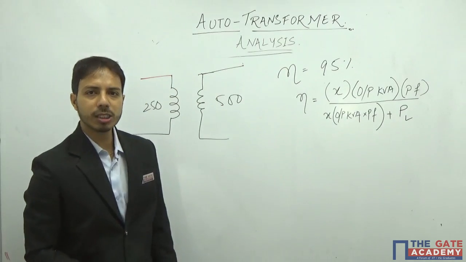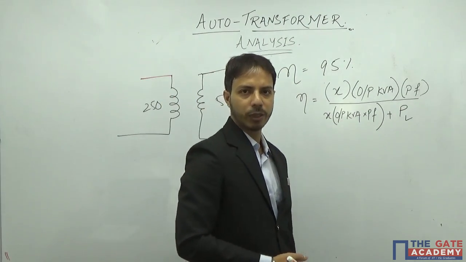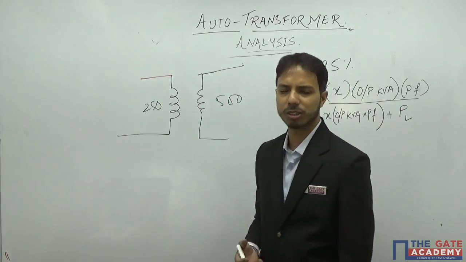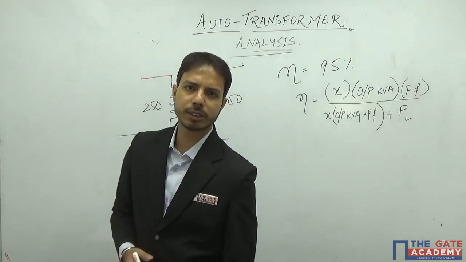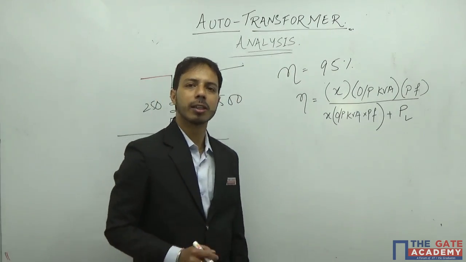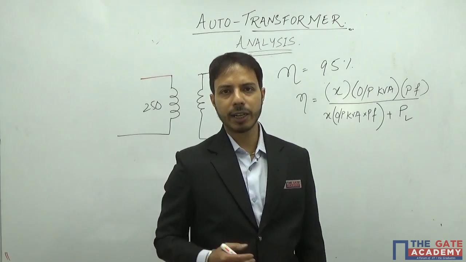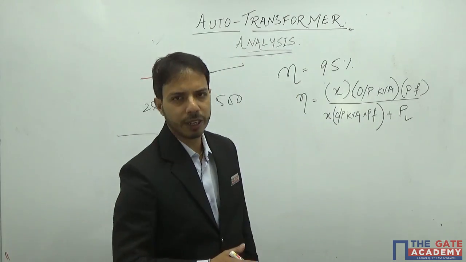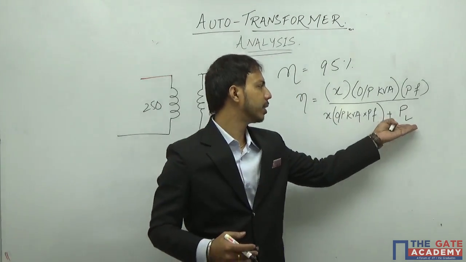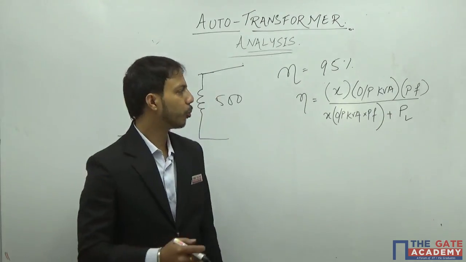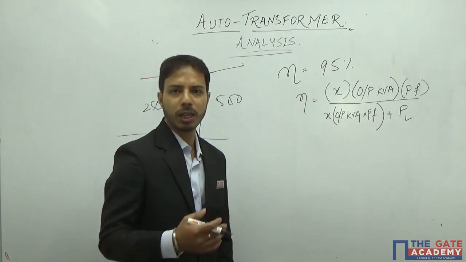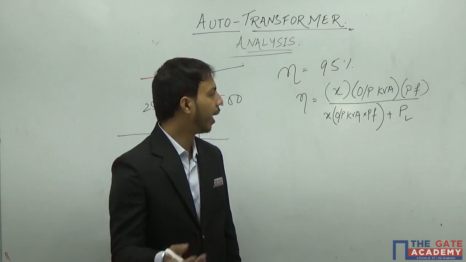The losses will have copper loss as well as iron loss, and iron loss is a constant loss, whereas copper loss depends on the current rating. Here since it is a full load rating, I am taking that as PL. So PL is copper loss plus iron loss.